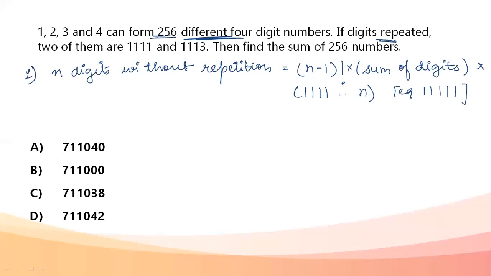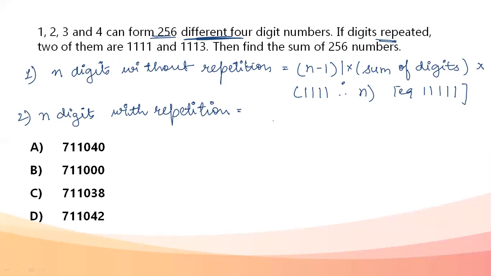This is without repetition. But if it is n digits given to me and I'm asked, as in the question, for the sum of all the numbers that can be formed using these n digits with repetition allowed, what do I do?